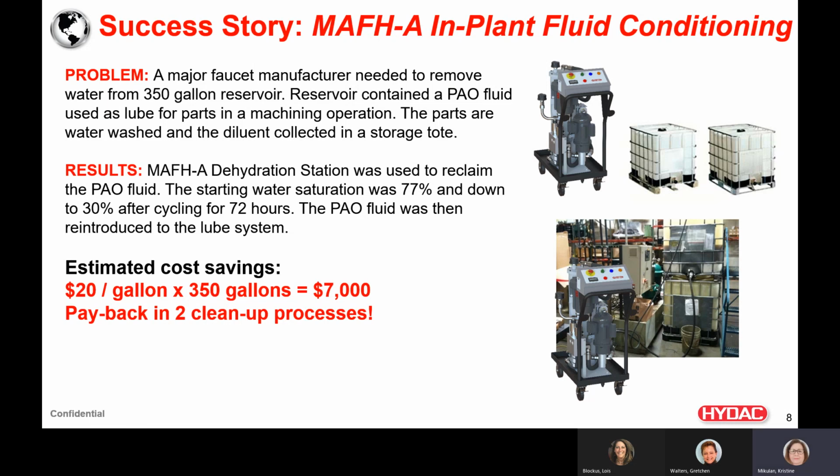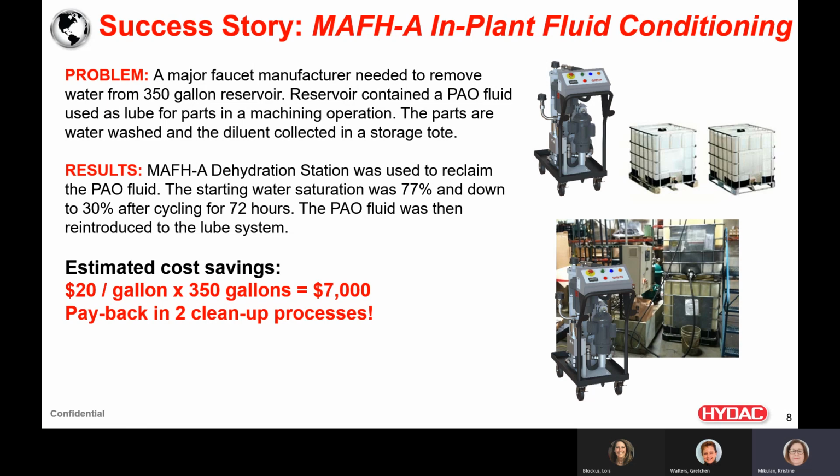The parts are then water washed, and all of that water then combines with that PAO fluid in the 350-gallon reservoir that they collect all of that fluid into. Periodically, they would send out those totes of oil to the oil vendor. The oil vendor would then reclaim them and send them back for reuse. It's a very expensive proposition that would have to happen quite frequently.